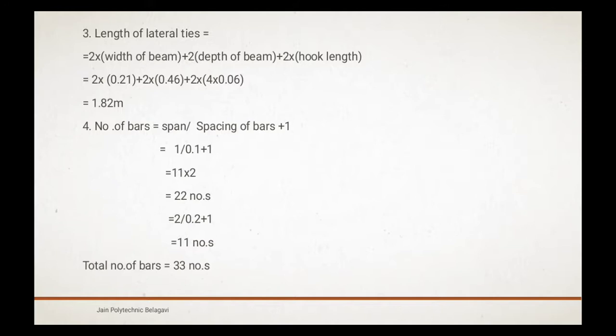Third one, length of lateral ties. The formula is 2 into width of beam plus 2 into depth of beam plus 2 into hook length.